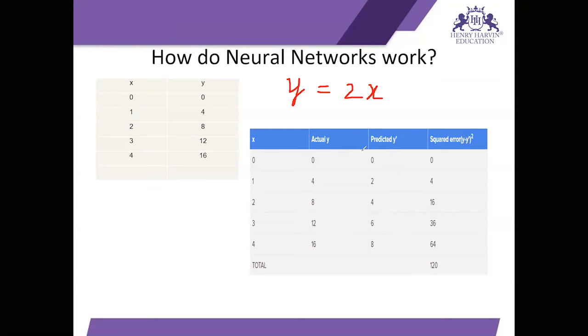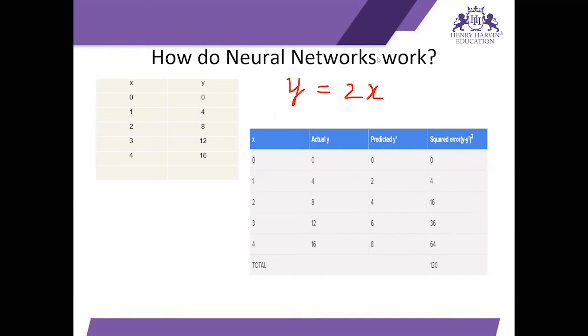So 0 minus 0 the whole square is 0. 4 minus 2, that is 2 square, which is 4. 8 minus 4 is 4 square, that is 16. 12 minus 6 is 6 square, that is 36. 16 minus 8 is 8 square, that is 64. When you add it, the total error is 120.